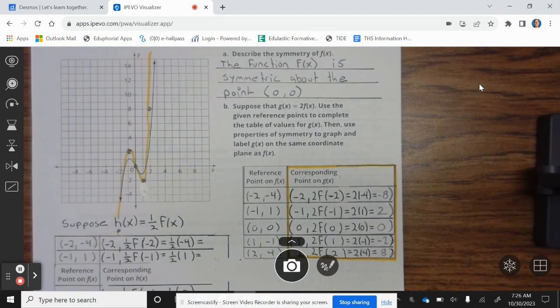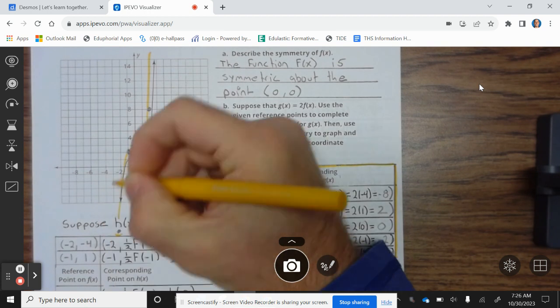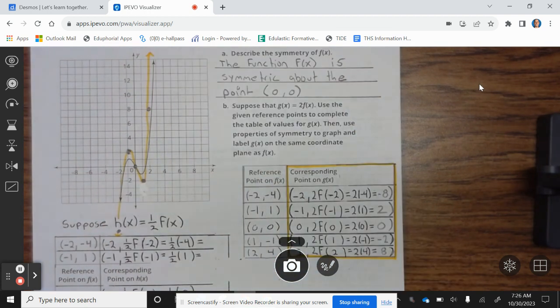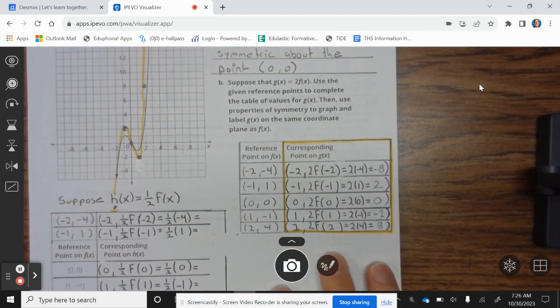All right, go ahead and fill in the graph. Oh, almost forgot the arrows. All right, let's take a look at the next one.